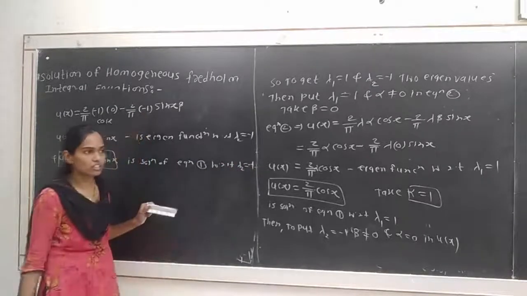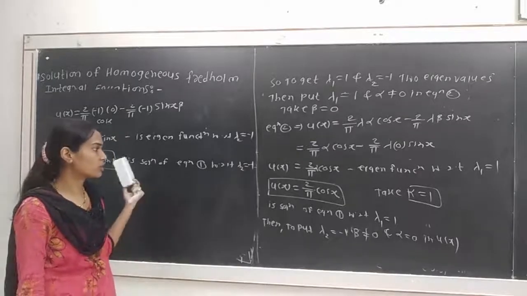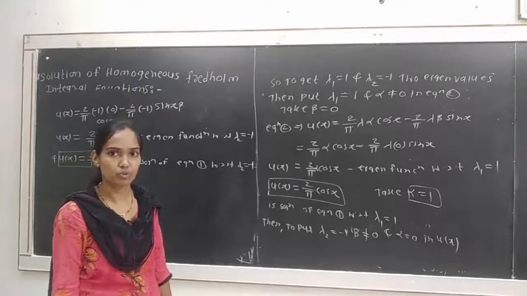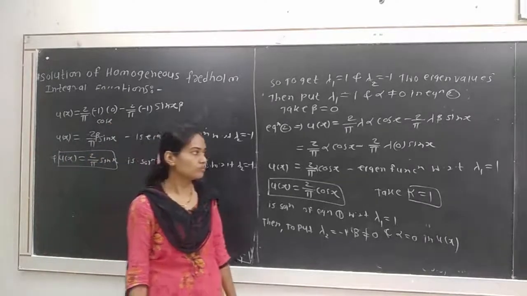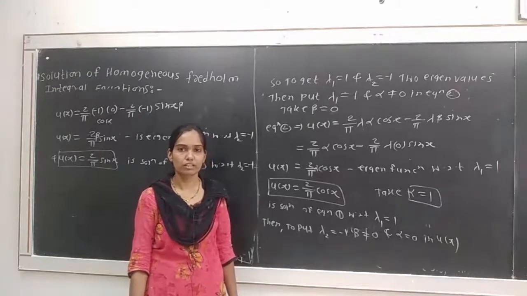So this integral equation has two eigenvalues with corresponding eigenfunctions. In this way we can find the solution. So today I will stop here. Thank you.